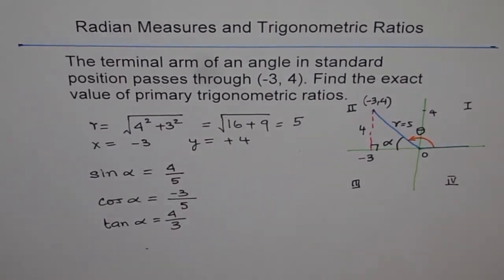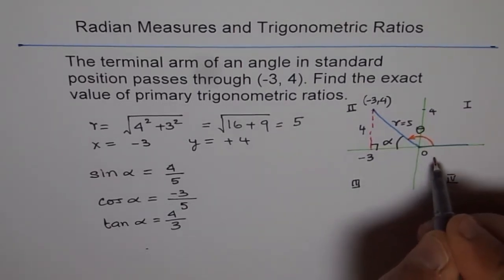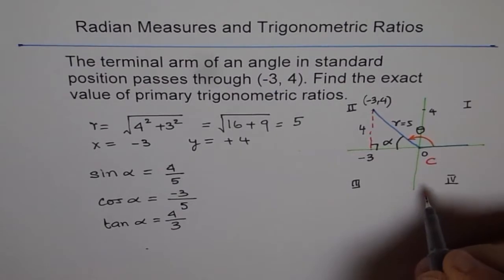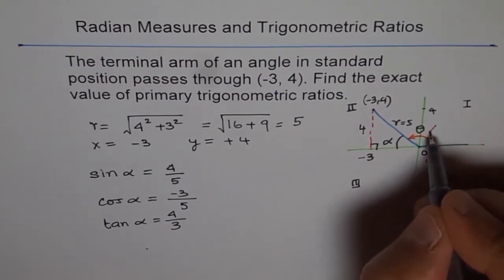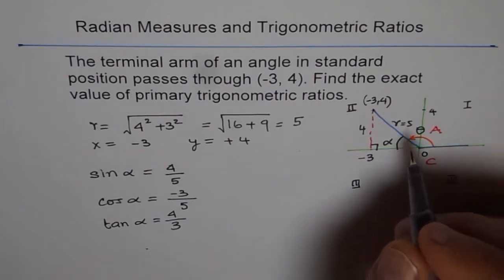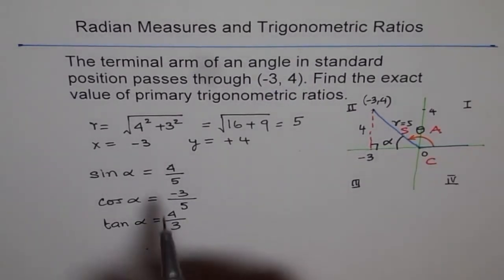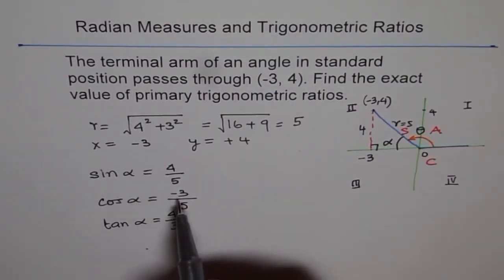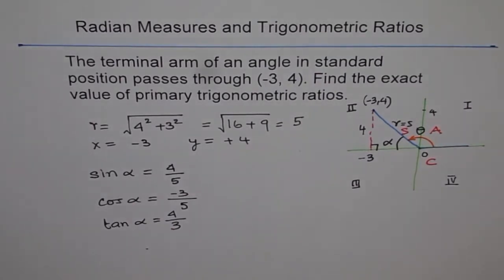Do they match with our CAST rule? Let's try to figure it out. The CAST rule says in quadrant 4 we have cosine as positive, in quadrant 1 all are positive, and in quadrant 2 we have sine as positive. Yes, we see sine as positive and the other two are negative.